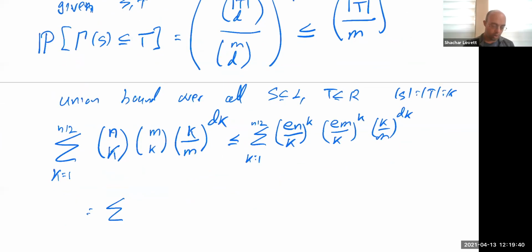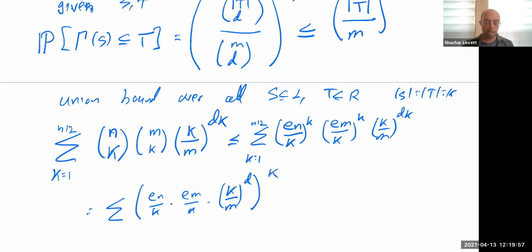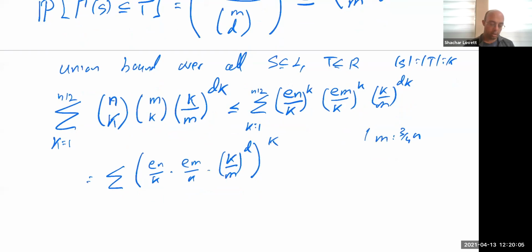It's going to be ((en over k) times (em over k) times (k over m) to the d) to the power k, right? Now I'm just reminding you that m here is just some 3/4 n, so it's just some constant times n. So we can just replace m by n everywhere, and also n by m.